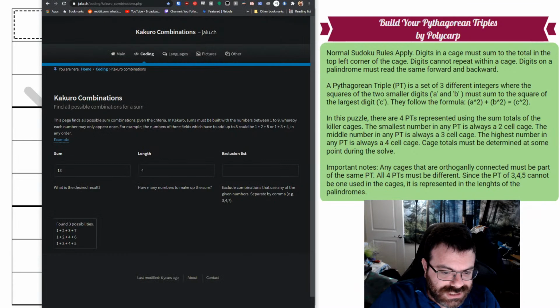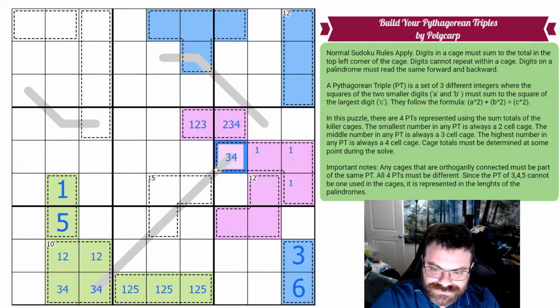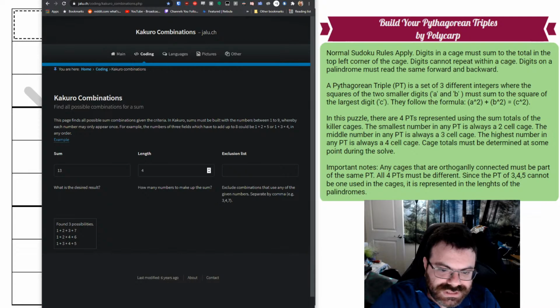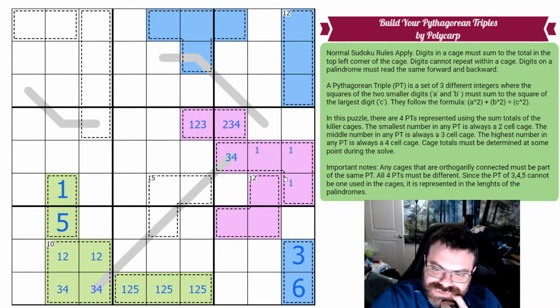The options are, let's see, if it didn't have a 2, it would be 3, 4, 5. So we're either 1, 2, 3, 7. Can we beat 1, 2, 3, 7?